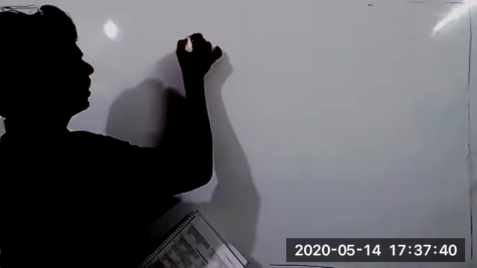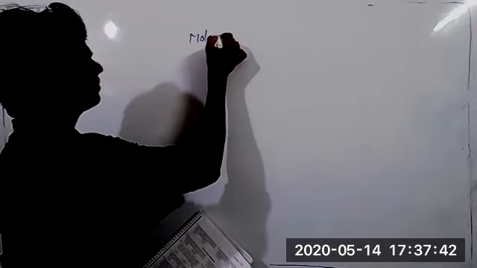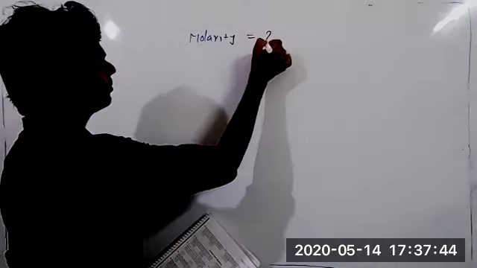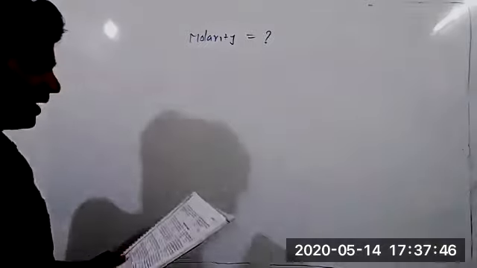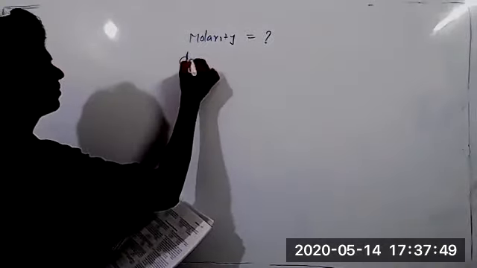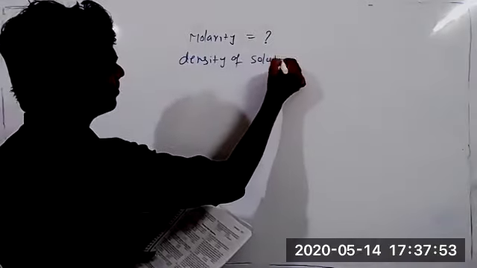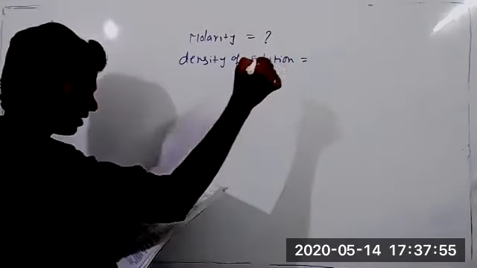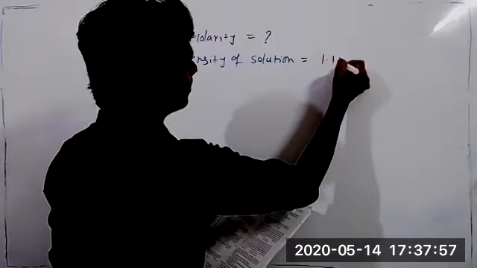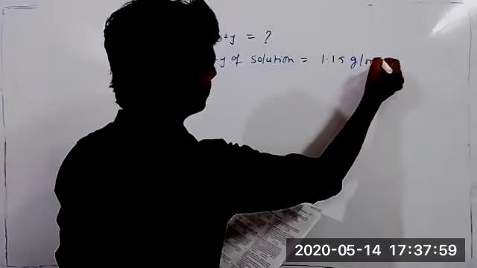Okay. Here we have to calculate the molarity of the solution. Here the density of the solution is given: 1.15 gram per ml.